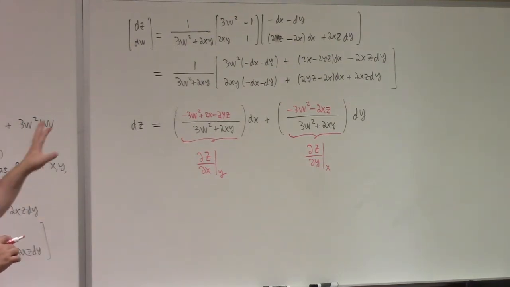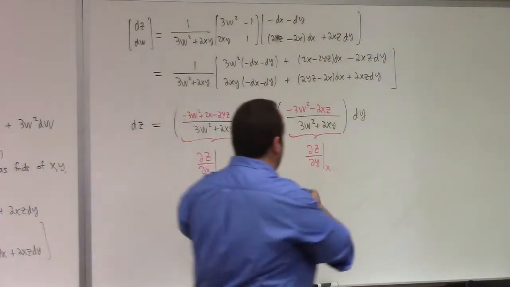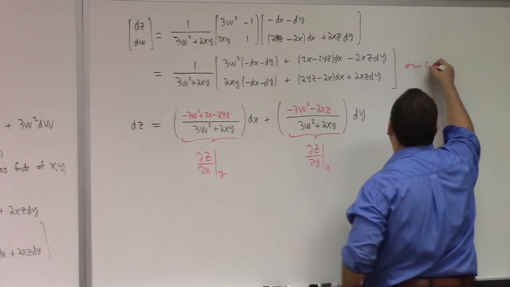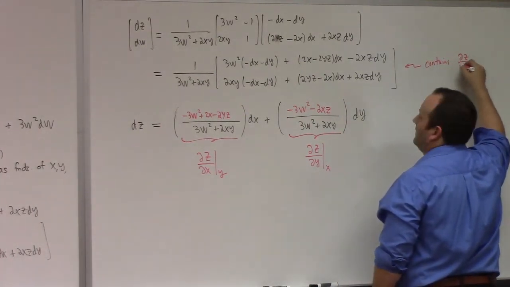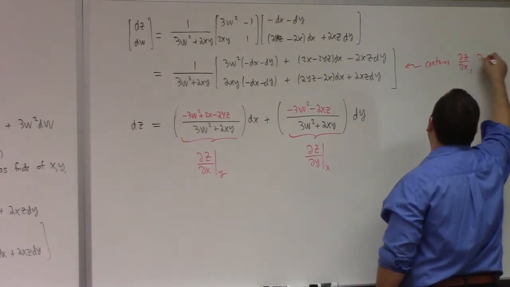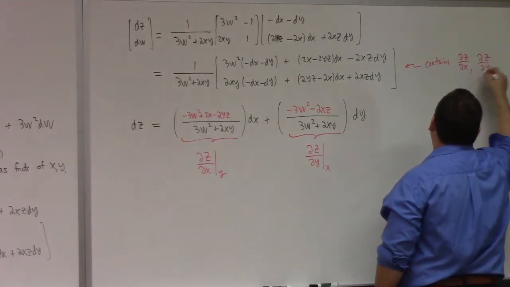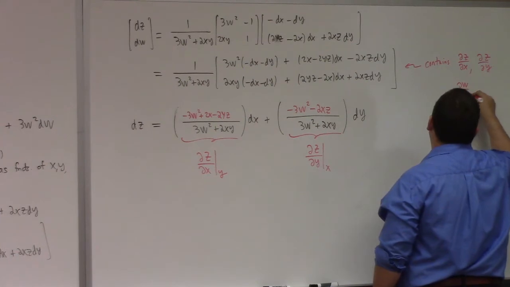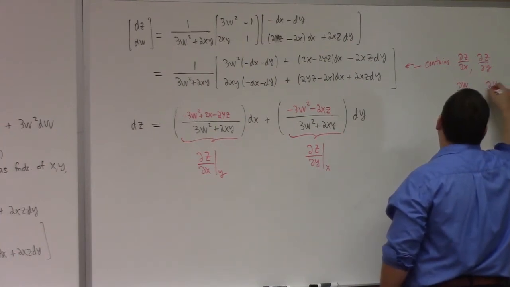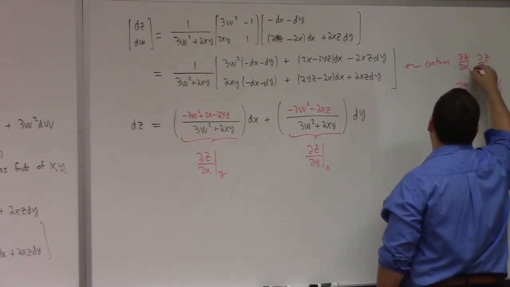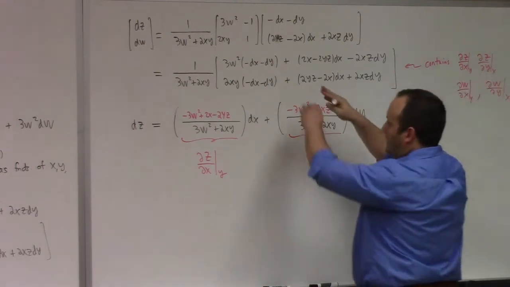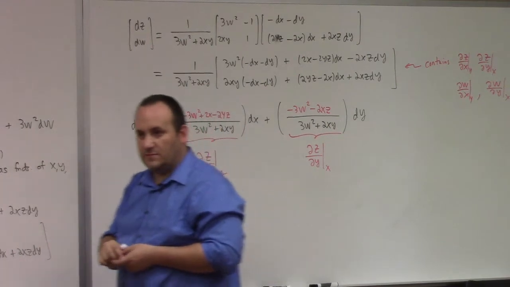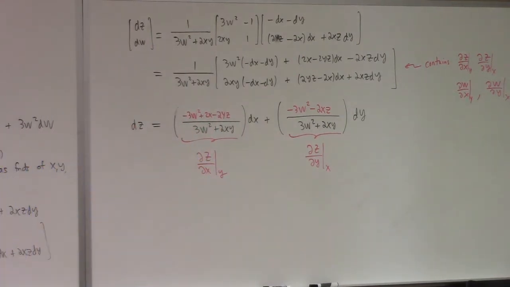So if you look up in here, this contains partial z, partial x, partial z, partial y, partial w, partial x, partial w, partial y, holding y fixed, holding x fixed, holding y fixed, holding x fixed. They're all implicitly in that. We just read them off as coefficients.